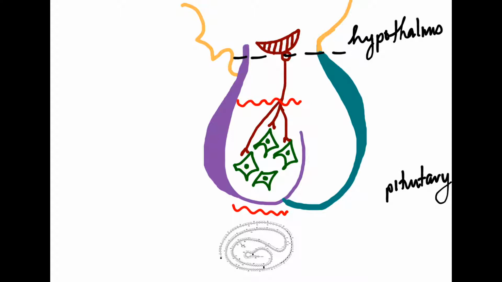Growth hormone releasing hormone is released by the arcuate nucleus in the hypothalamus. So this is the arcuate nucleus. The arcuate nucleus in the hypothalamus releases growth hormone releasing hormone.